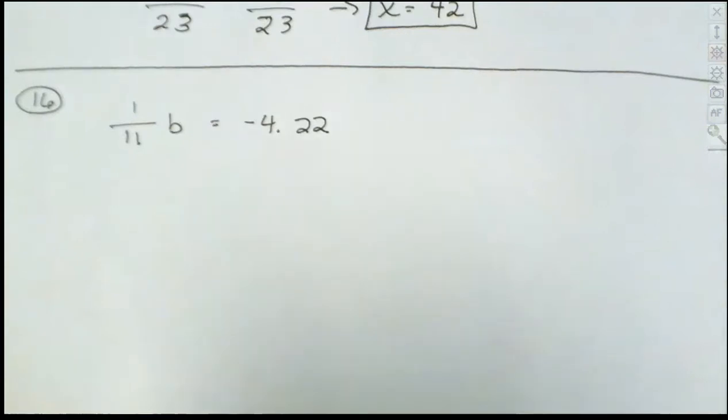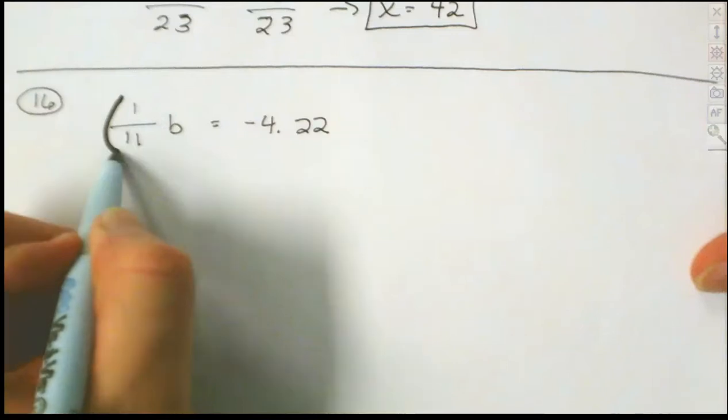When the problem has decimals, we can have our answer as a decimal. So we need to go ahead and get rid of this fraction. Well, we only have one fraction, and that fraction has an 11 below. So let's go ahead and get rid of that fraction by multiplying everything by 11.